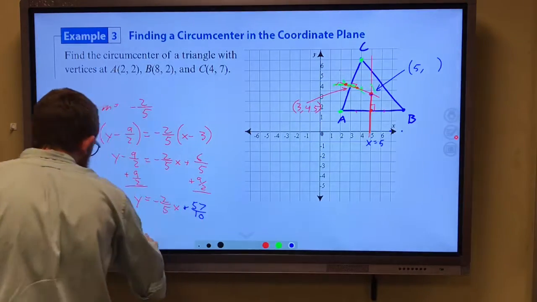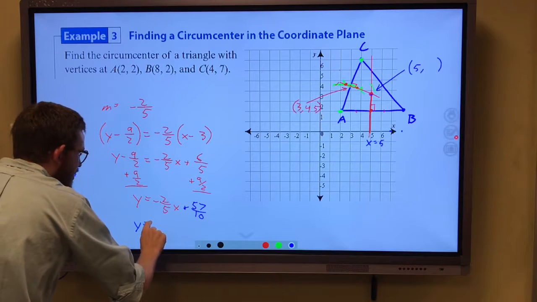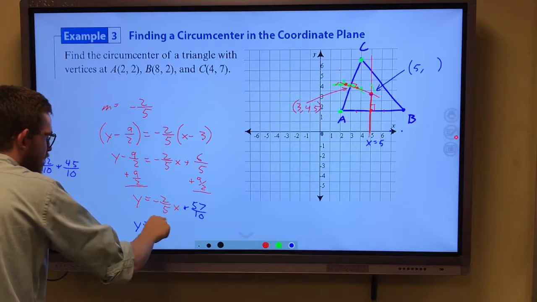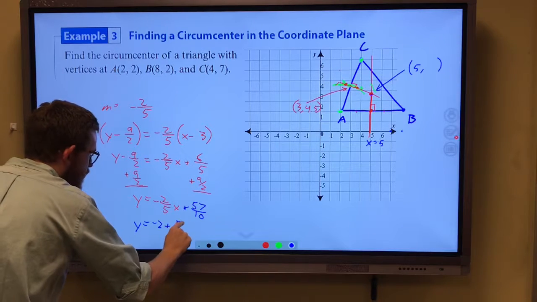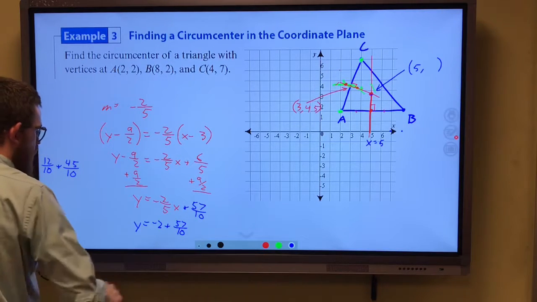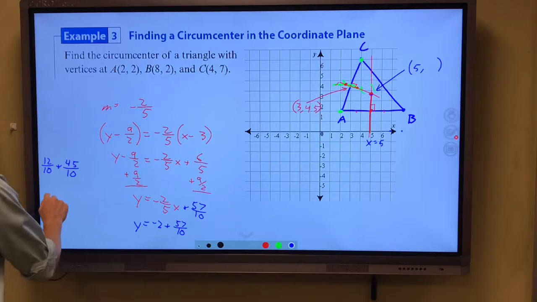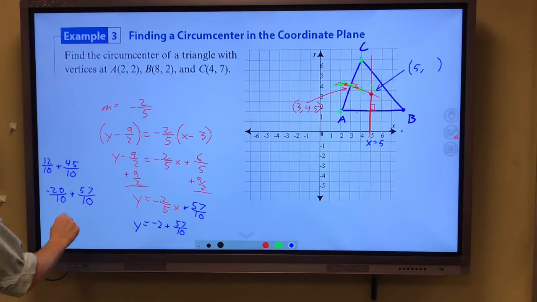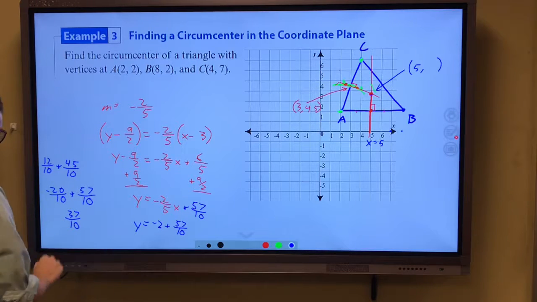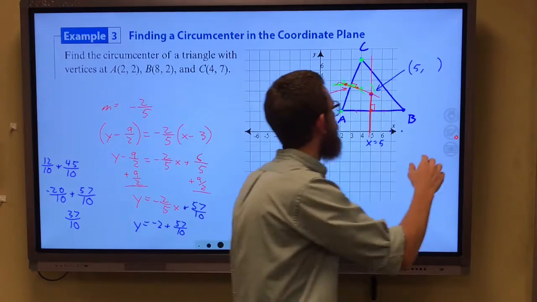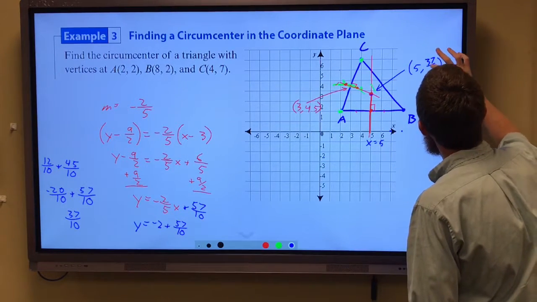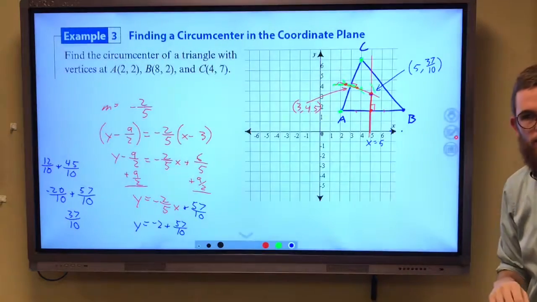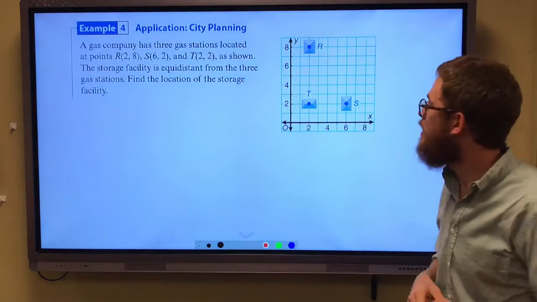And so this would give me y equals a negative 2 times 5, that is negative 2 plus 57/10. Negative 2 plus 57/10 is negative 20/10 plus 57/10. That gives me 37/10. So this would be 5 comma 37/10.